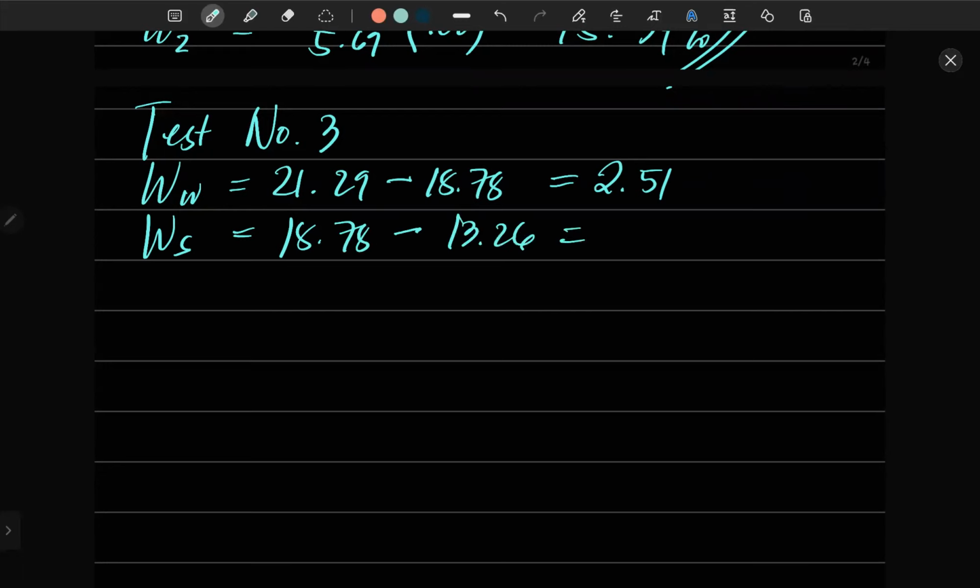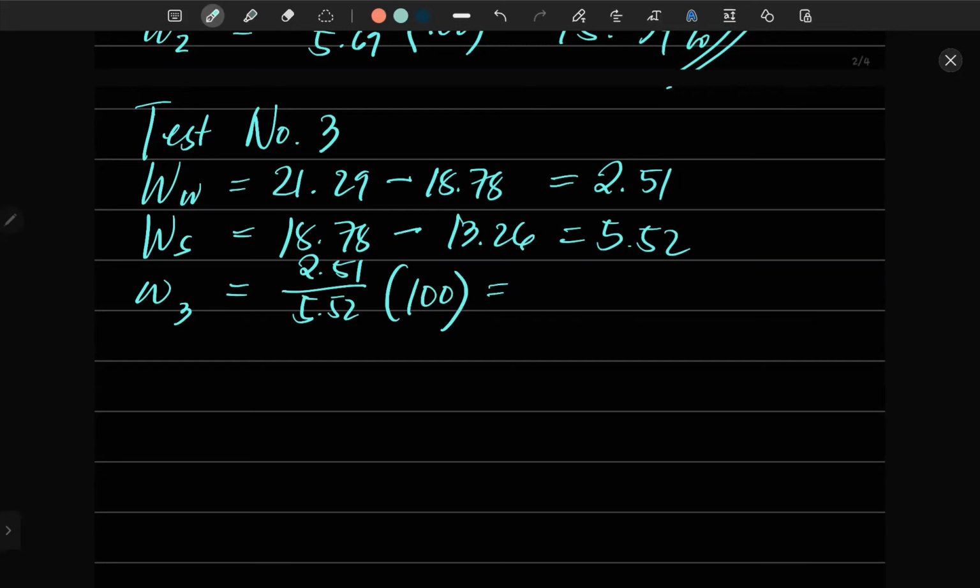This is equal to 5.52. For moisture content 3, we have 2.51 divided by 5.52 multiplied by 100. This is equivalent to 45.47%. So this is for test number 3.